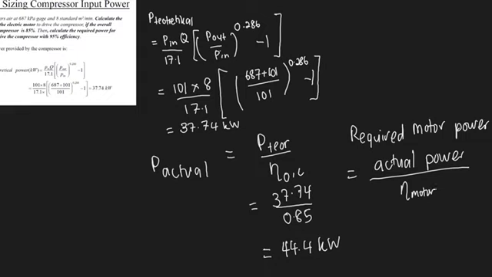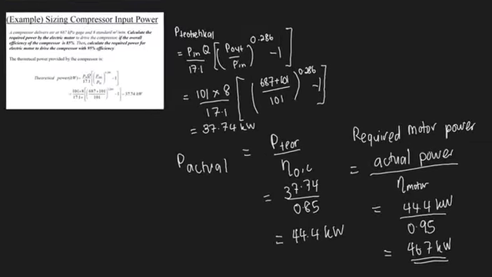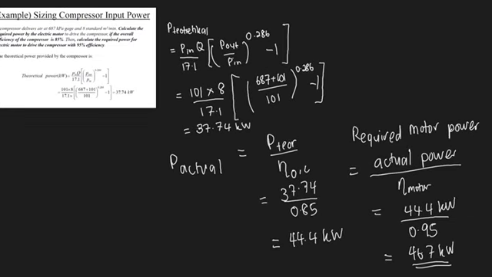So that's 44.4 kilowatt divided by 0.95, and we get 46.7 kilowatt. So that is how we calculate the compressor power.